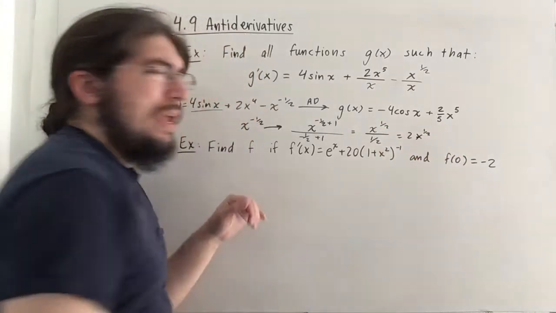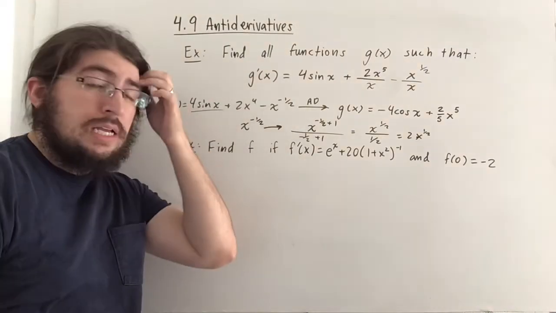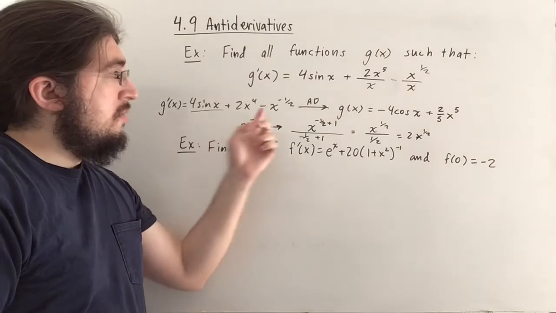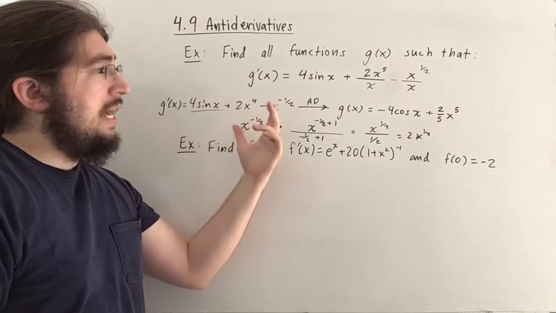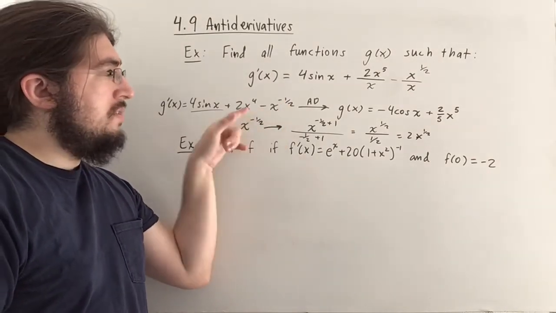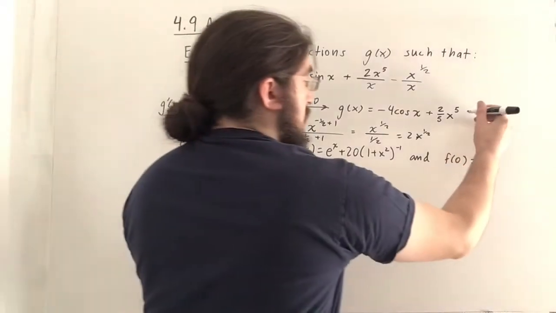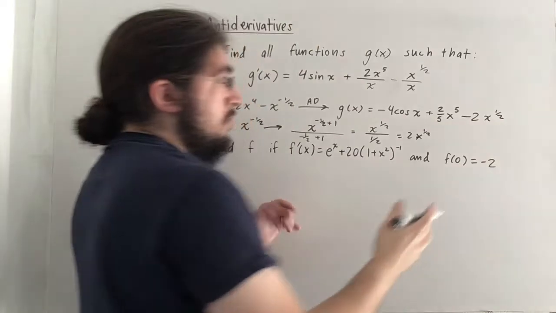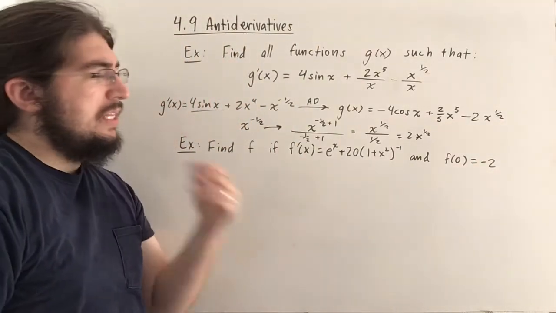In fact, the better way, in my opinion, to handle these fraction powers is to add 1 first and then multiply by the reciprocal in front. So if you add 1 to -1/2, you get +1/2. The reciprocal of +1/2 is 2, so you get -2x to the 1/2. And if you want to write that at this point as radical x, we can do that, but I'll leave it like this, I think.